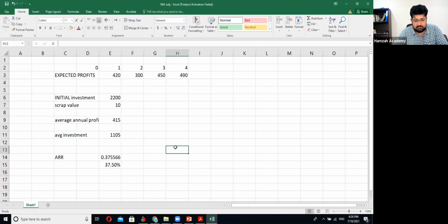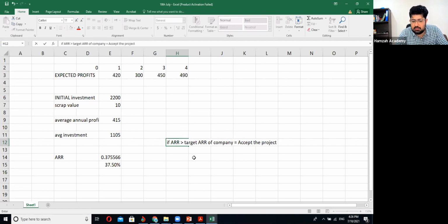Remember, if accounting rate of return is greater than the target ARR of the company, then we say accept the project. Or vice versa. If it is less, we reject it.